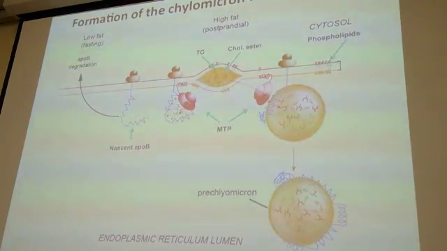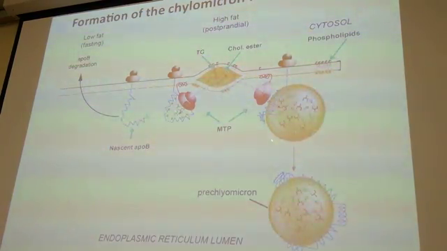And then we have our buildup of our chylomicrons. The important guys to remember here, so this is all taking place at the endoplasmic reticulum. One of the important proteins is the microsomal triglyceride transfer protein, which is putting triacylglyceride together with our apolipoprotein B. Okay, so a big player in these chylomicrons is apolipoprotein B and getting the triglyceride.